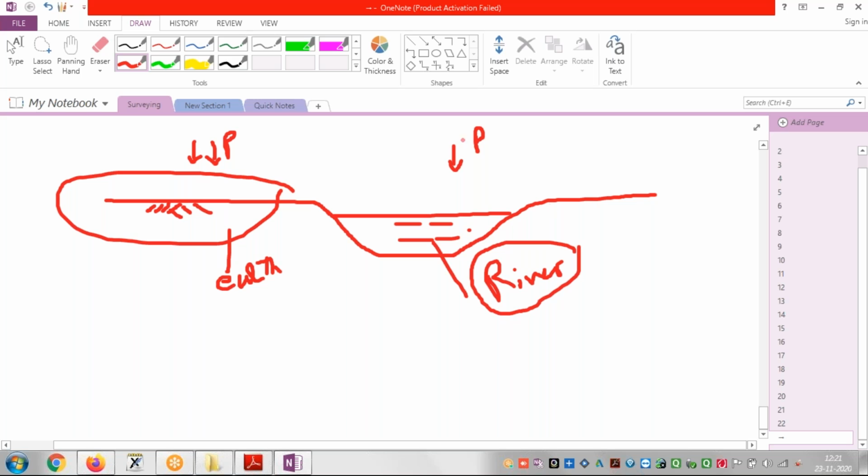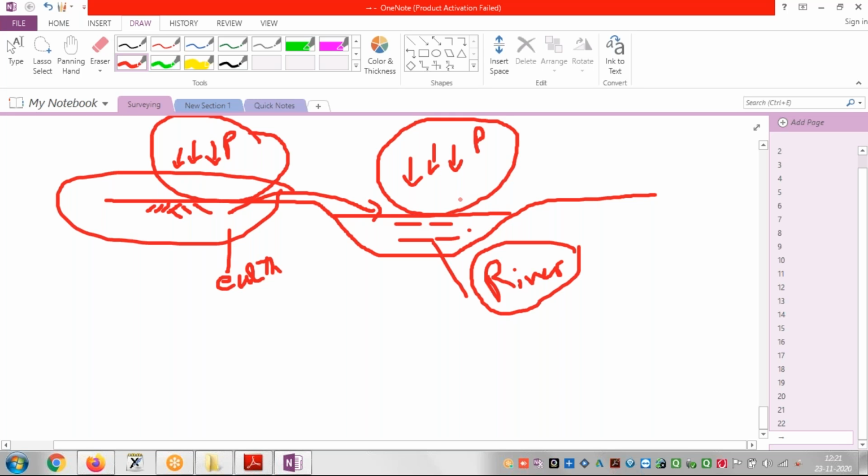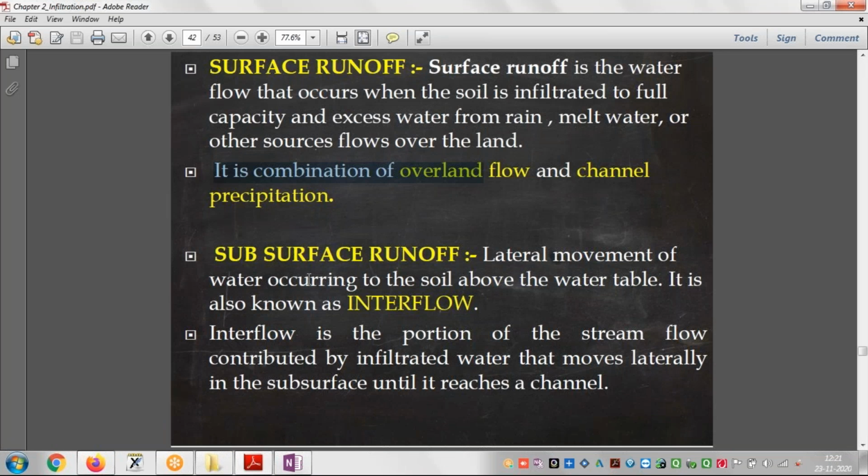Directly coming means this precipitation is directly occurring over the river, and some of the precipitation comes on the surface of the earth, and then it comes to the river. So this is the same meaning, that is called surface runoff.